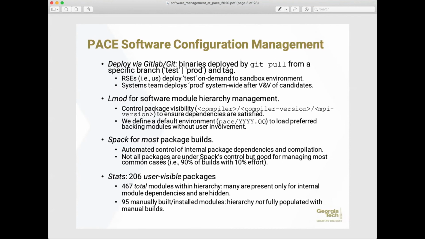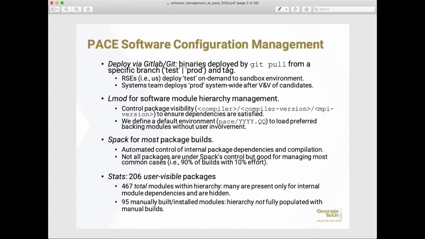So LMOD is very nice at maintaining the hierarchy. Depending on what compiler or MPI version a user loads, they only are presented compatible packages. So instead of giving them the entire combinatorics of our package system, they only get the end user packages that are supported with their current combination. Now, we also want to reduce the amount of software we have to support.